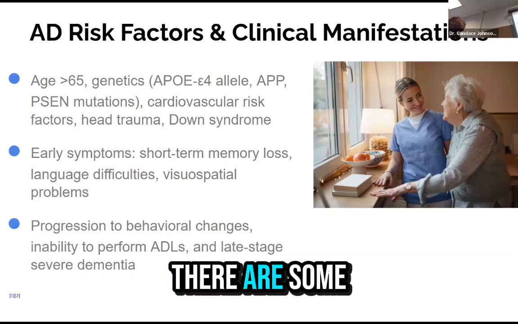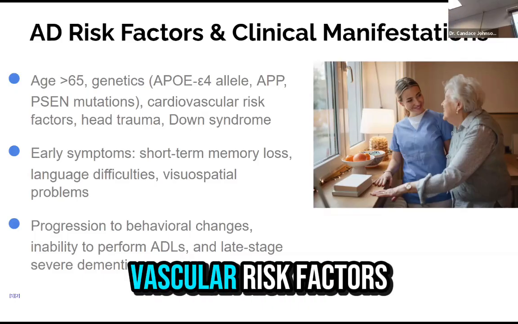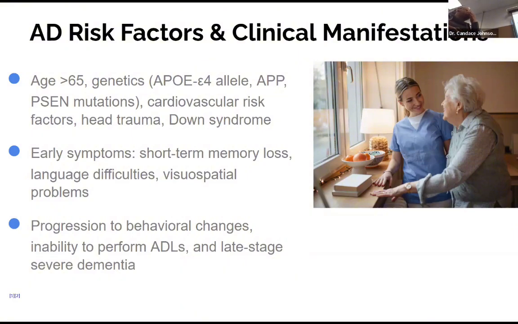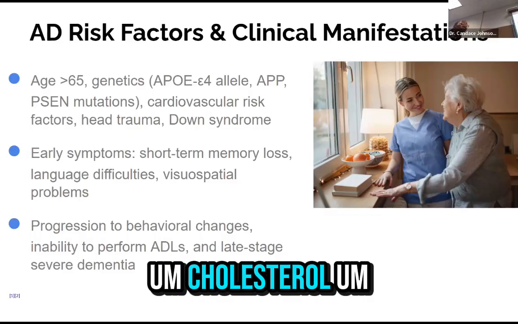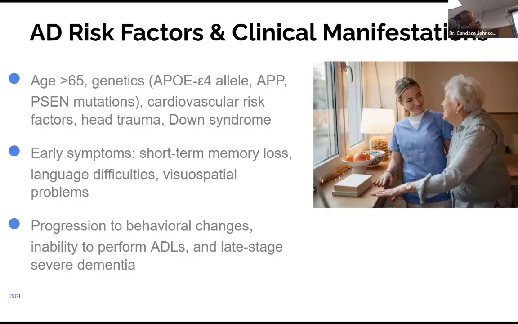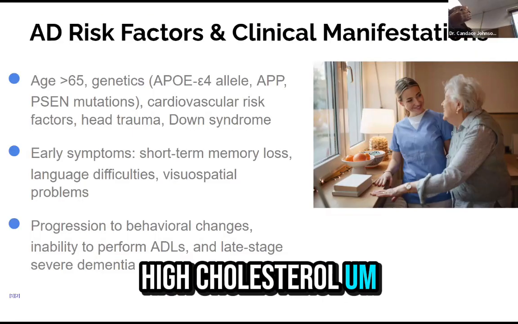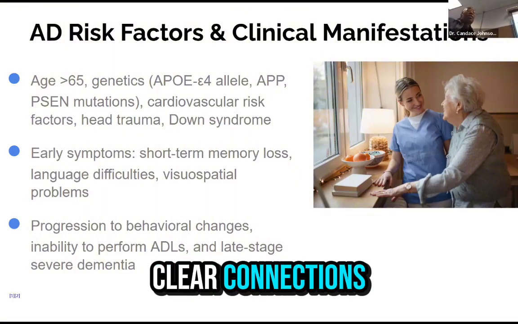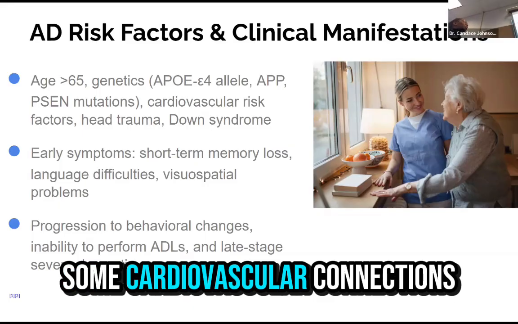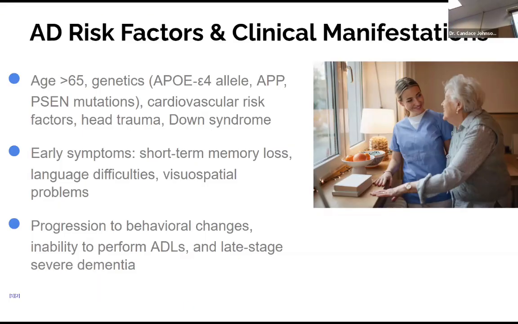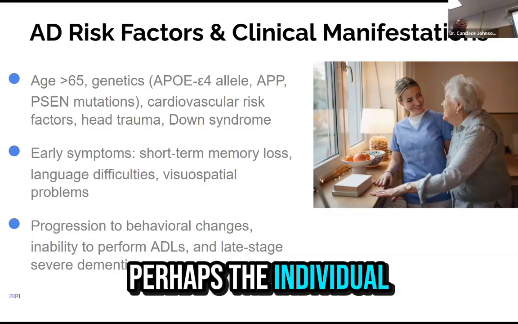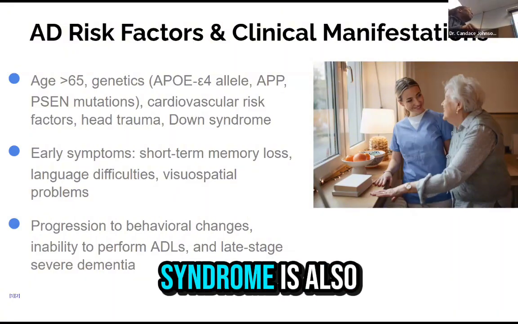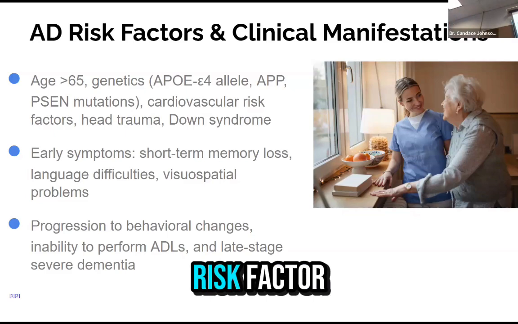All right, there are some cardiovascular risk factors associated with Alzheimer's disease. Cholesterol, high cholesterol, obesity. I don't think they're clear connections, but there are some cardiovascular connections that have been noticed. All right, head trauma. Perhaps the individual had trauma at some point, and then Down syndrome is also associated as a risk factor.